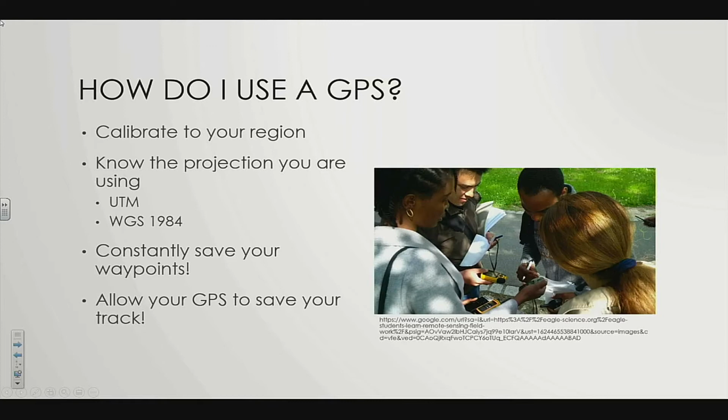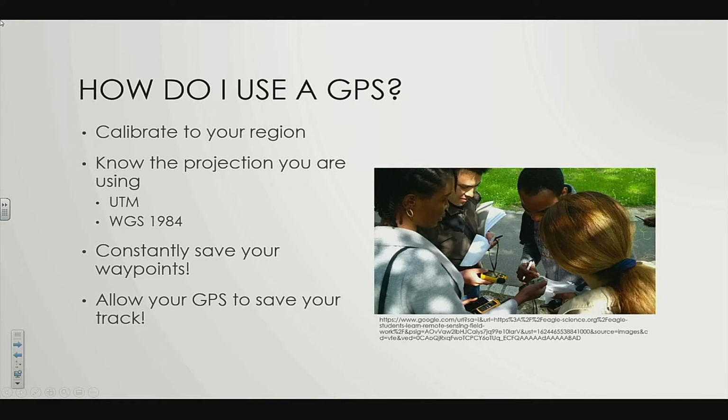Know the projection you're using. That's super important. I'll talk about projection in a little bit. When I was out in Montana, we used UTMs, Universal Transverse Mercator. I get tongue-tied with that every single time. Or you can use WGS 1984.